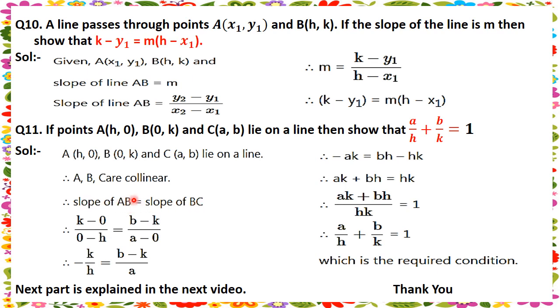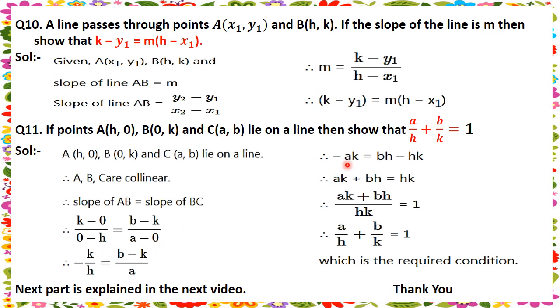Consider the points and take the two-point form, that is (y2 - y1)/(x2 - x1), that is (k - 0)/(0 - h), which is equal to the slope of BC, that is (b - k)/(a - 0). So we get (b - k)/a, and here minus k upon h is equal to (b - k) upon a. Now cross multiply.